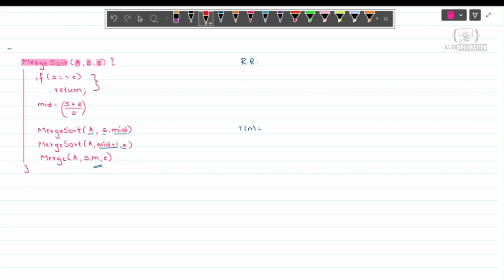This will be our small case that will take a constant amount of time. This is our divide. This will also take a constant amount of time. This is our conquer. That will take 2 into T of n by 2. Let's say this function takes T of n time. Now this will be our combine.